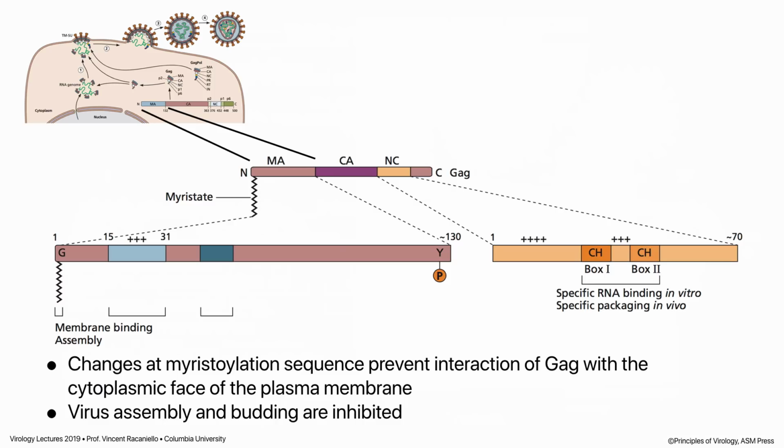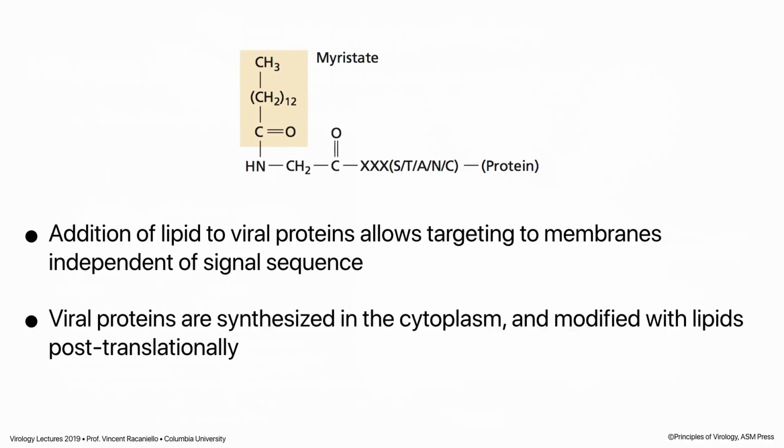And there are also other membrane binding sequences within this. And if you change this glycine so it can't be myristoylated, GAG can no longer interact with the inside part of the plasma membrane, and virus particles don't form. So that's very important. This is what myristate looks like.